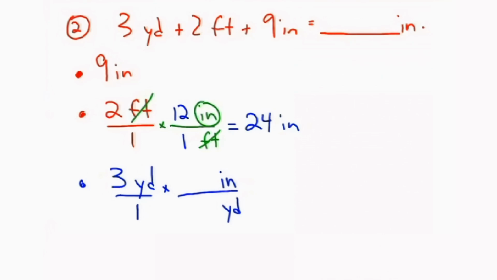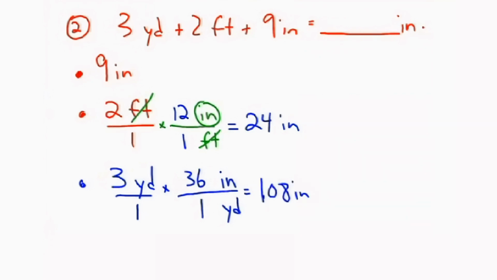Now you can do this in 2 steps, or you can do it in 1. If you remember that there are 36 inches in 1 yard, then you're welcome to do it in 1 step. And so 1 yard is equal to 36 inches, and so this will give us 108 inches.